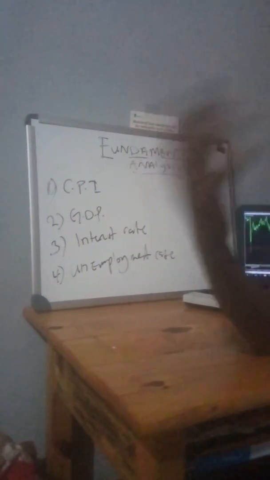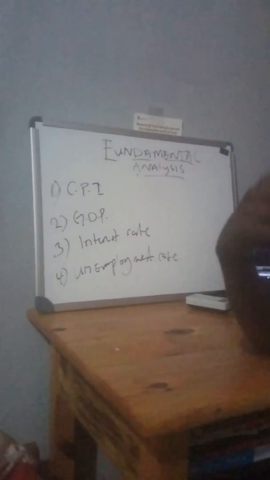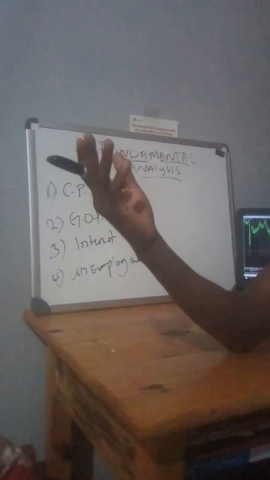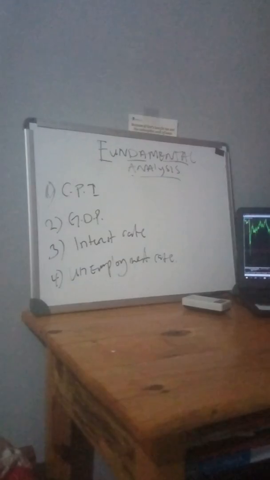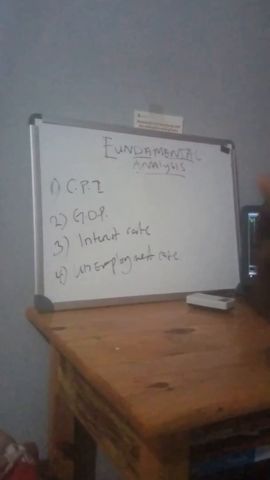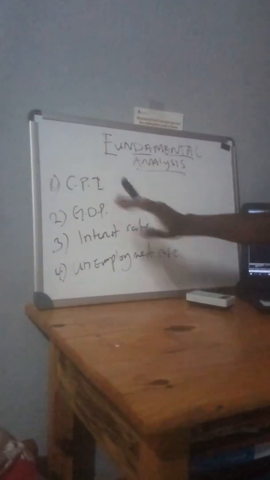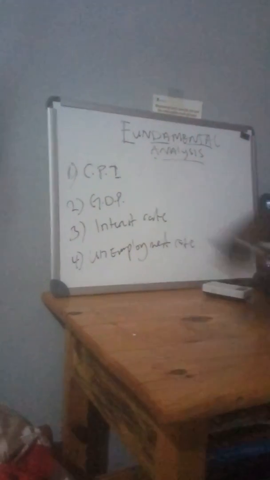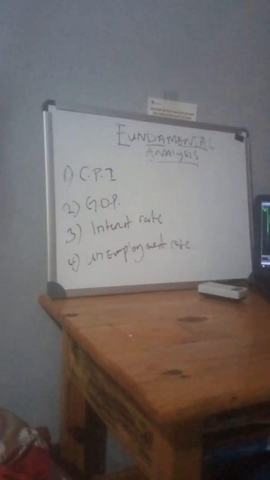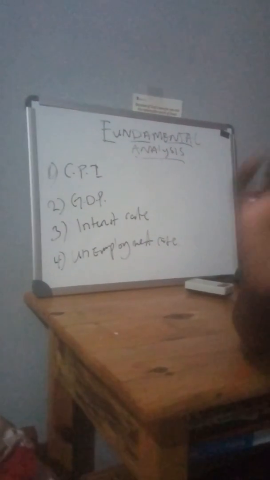There are two ways: the data can either come out positive, which is a plus for the economy, or negative, which is a minus for the economy. If CPI comes out better than expected, or rather plus, then we expect a bullish outcome on the chart for whichever currency we're looking at. The same applies to these other pieces.